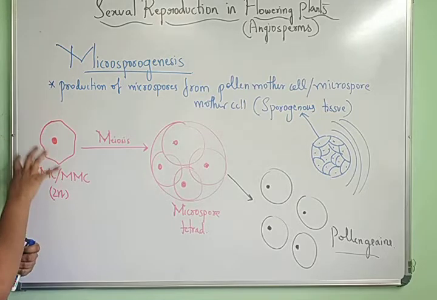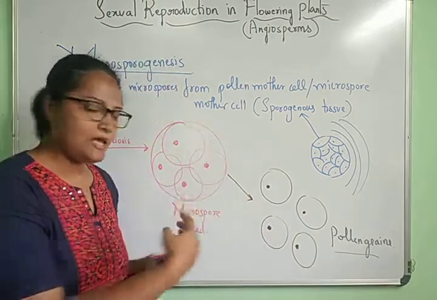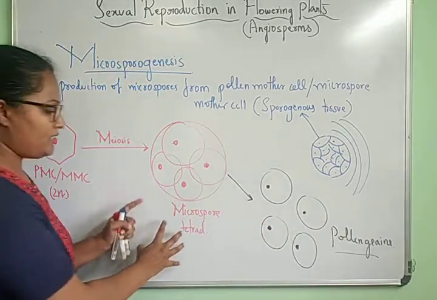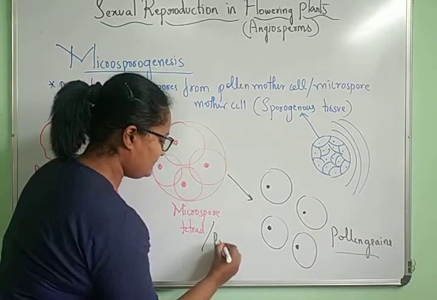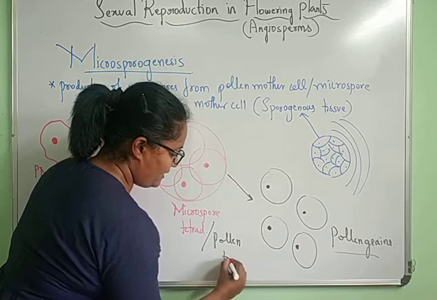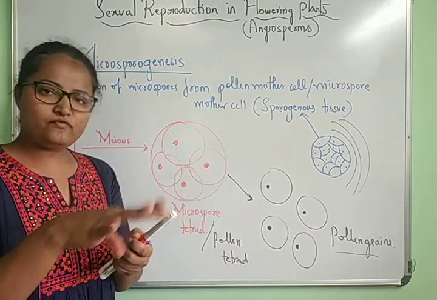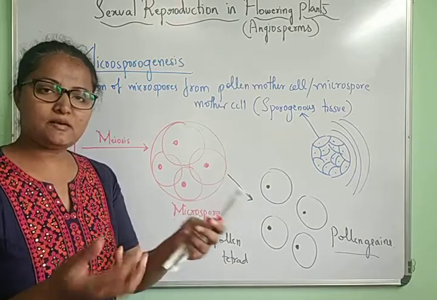From a single pollen mother cell, there will be formation of 4 pollen grains. Before formation of pollen grains, there is a structure called microspore tetrad, or sometimes pollen tetrad also. Why? Because there are 4 pollen grains or microspores, but they are not separated.